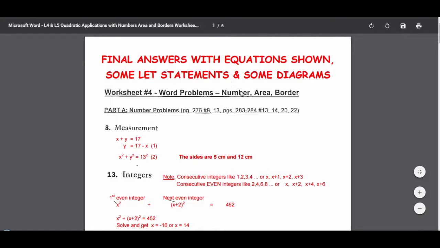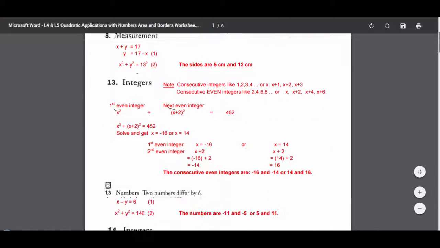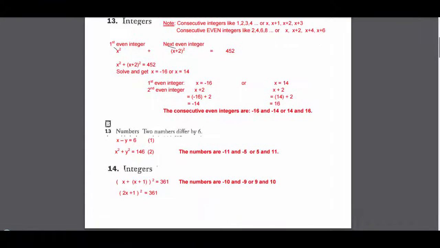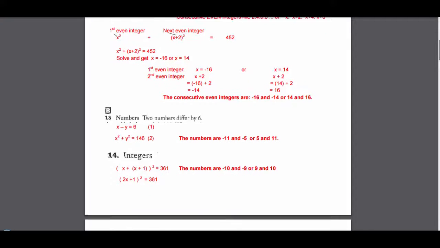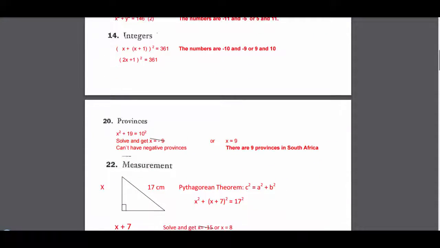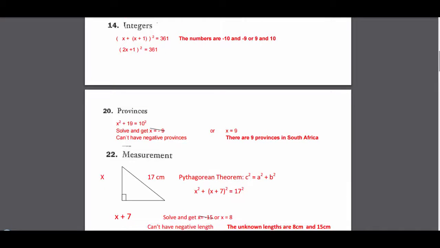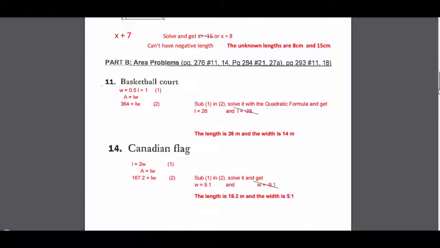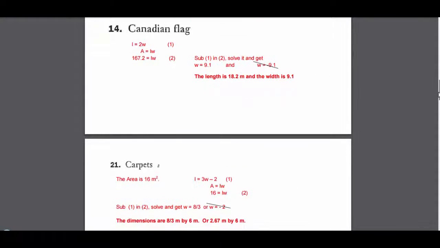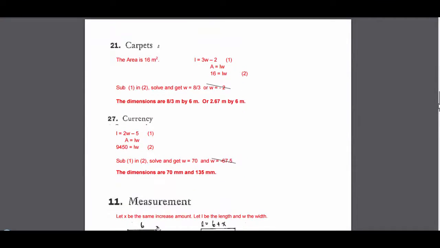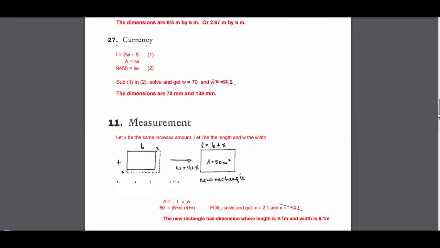There were several word problems on number, area, and border, and we'd solve them. These are partial solutions. Okay, and you had to submit your full solutions at that time in class. And most of you had done them flawlessly because you were given about 4 or 5 days to do that. Really make sure you were refining and working these skills out.